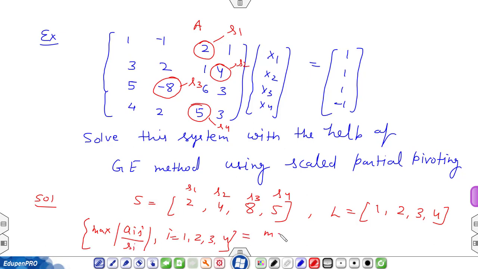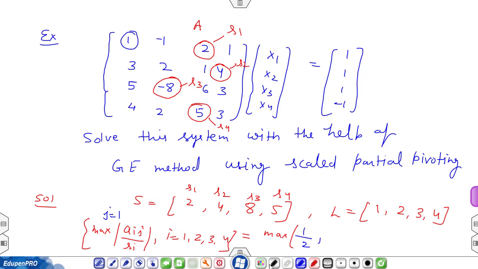Let us find the maximum in the first row. The first row element is Aij, with j equal to 1. We are taking j equal to 1, and for j equal to 1 we are varying i. So i equal to 1 and j equal to 1, this is the element, so that is a11 upon S1.